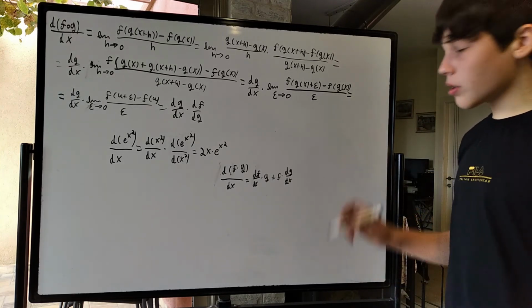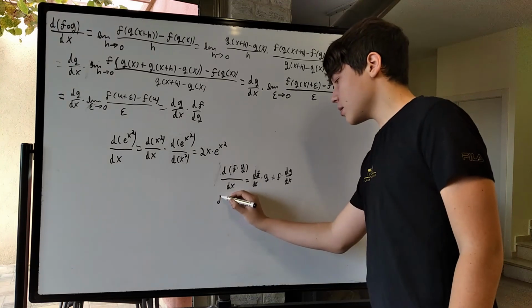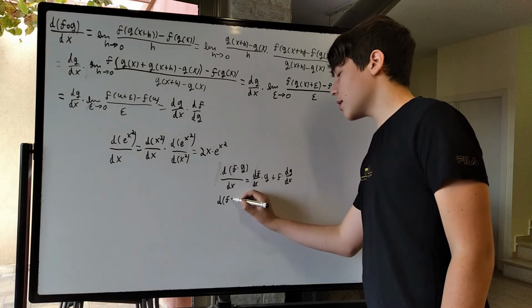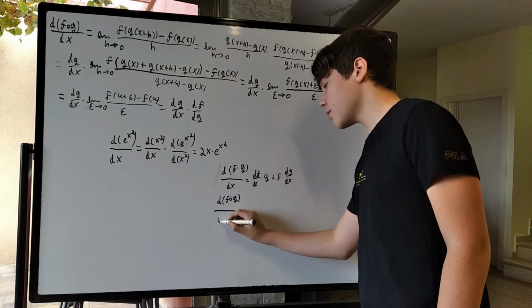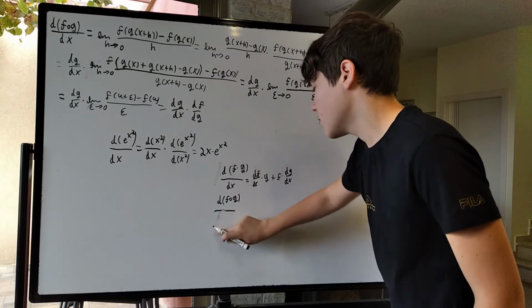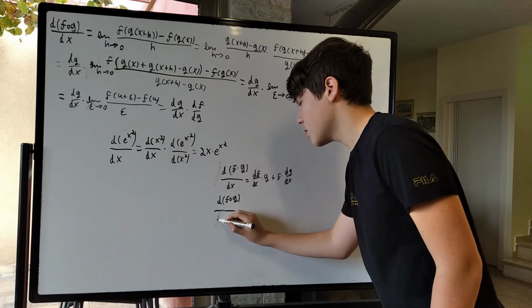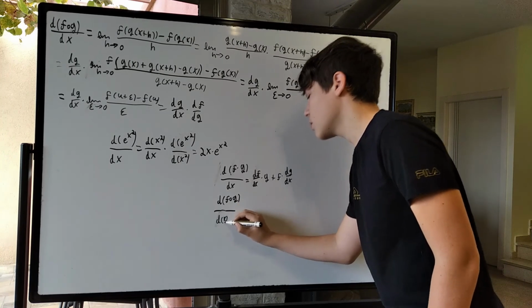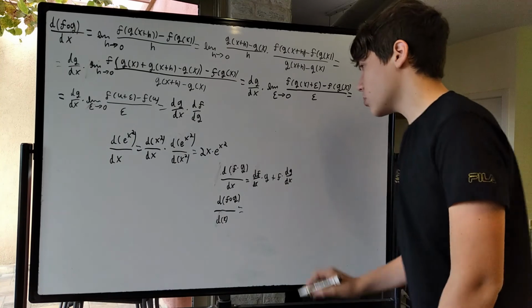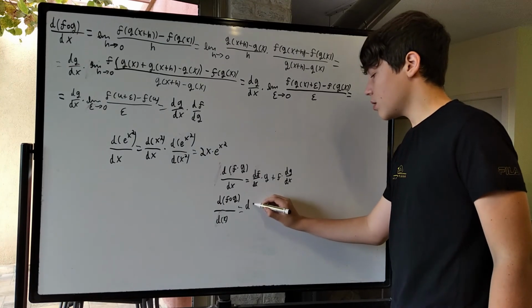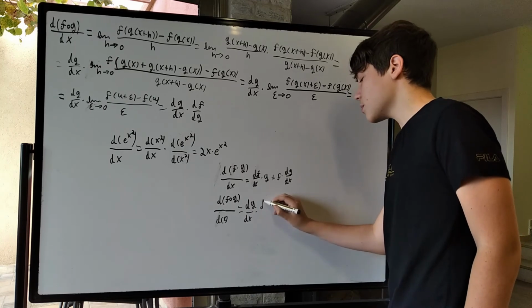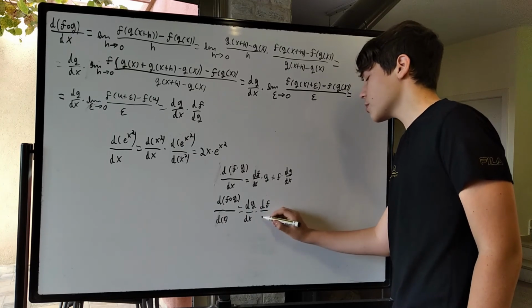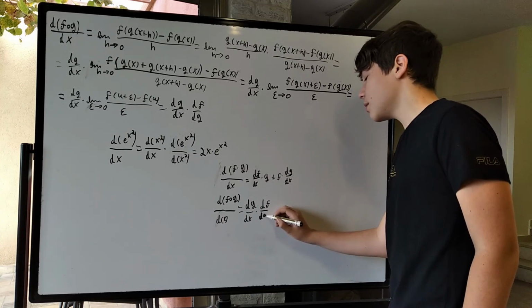This is the product rule. And then the derivative of g that is inscribed in f is equal to the derivative of g with respect to x times the derivative of f with respect to g.